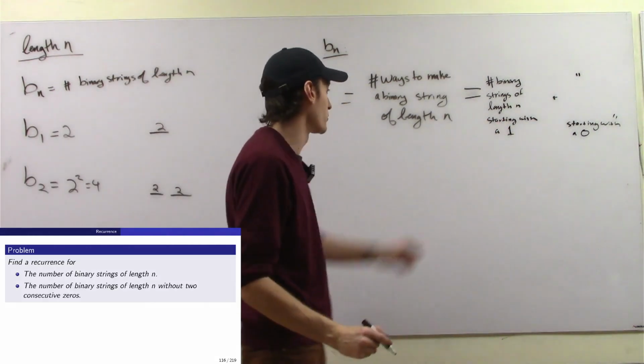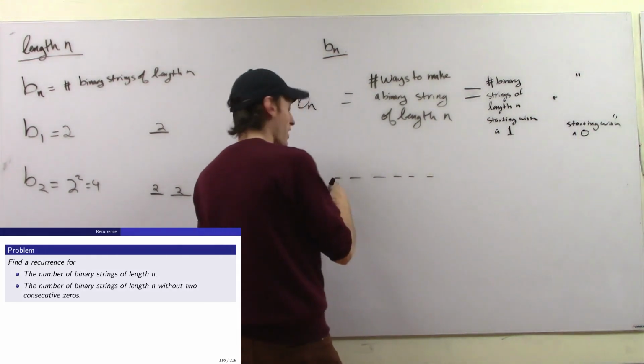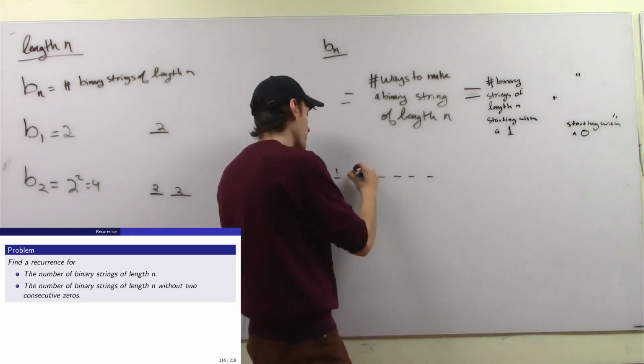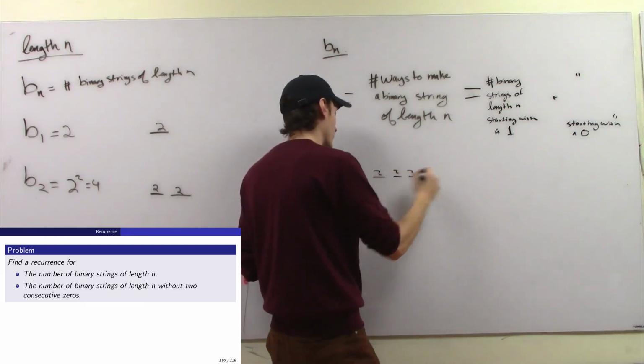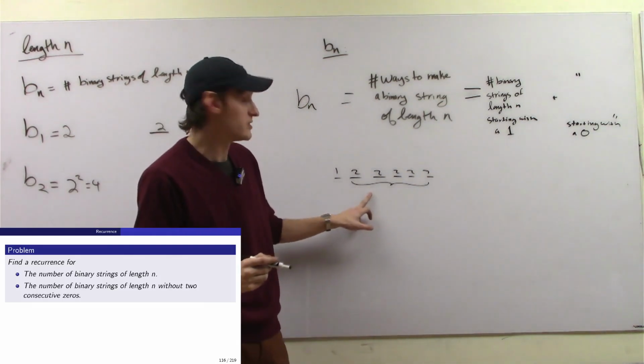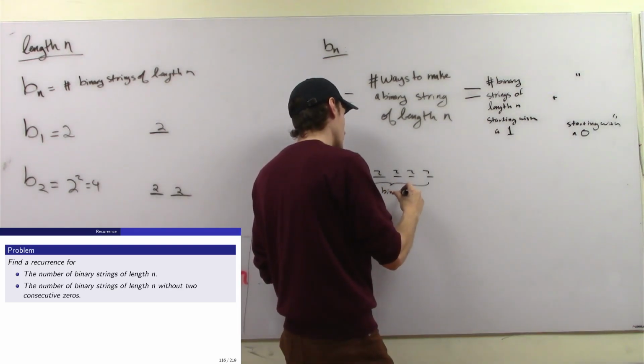I'm going to count each of these. I'm going to count the first one. How many binary strings start with a 1 of length n? So I know this is a 1, so I have one option to put here. And then I have two options for each of the next ones, right? Put anything here. This right here, you'll notice, is indeed a binary string of length n minus 1.